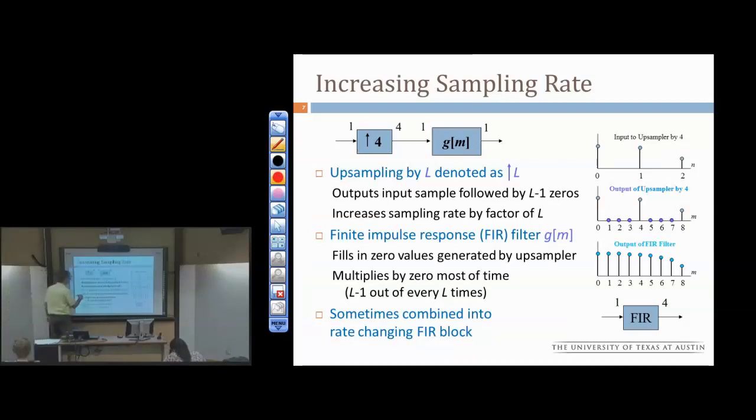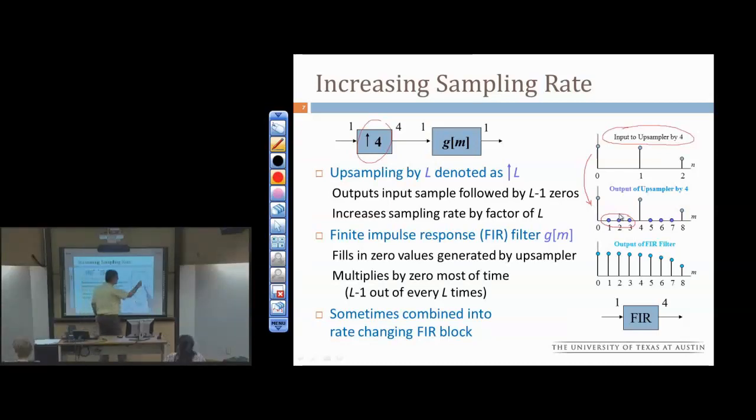So here we're going to change the sampling rate by a factor of 4 by upsampling. And just to review what upsampling is, upsampling takes an input signal, and for every input value, it copies it from input to output, and then it appends L minus 1 zeros. In this case, L is 4, so 3 zeros.